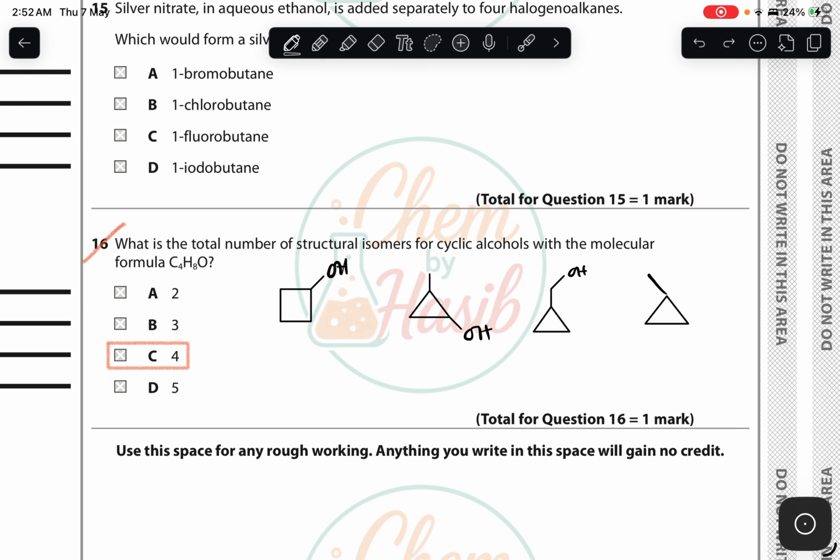Yeah, so you place a CH3 here. You also place an OH here. So that's the 4th isomer. So there are 4 isomers. So there cannot be more than 4 isomers here. Not possible. Alright? So the answer is 4.